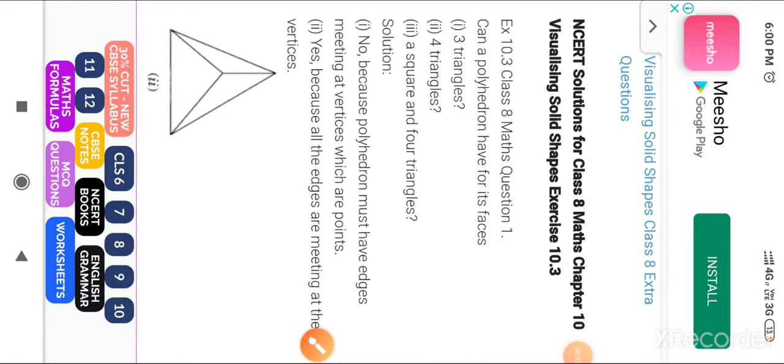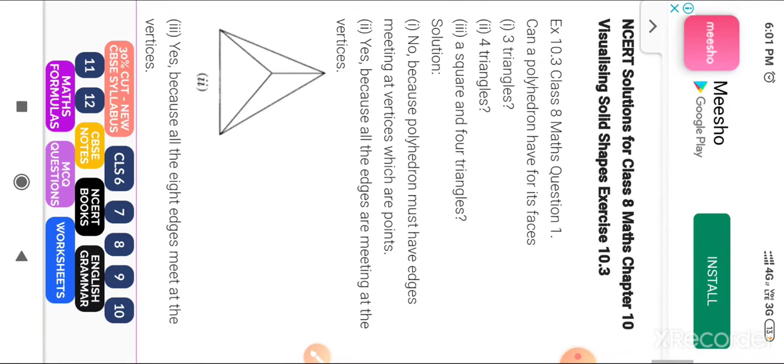Now move to the third exercise of chapter 10. First question is, can a polyhedron have for its faces 3 triangles, 4 triangles, a square and 4 triangles? The answer of the first question is no, because a polyhedron must have edges meeting at vertices which are points, and it is not possible with 3 triangles.